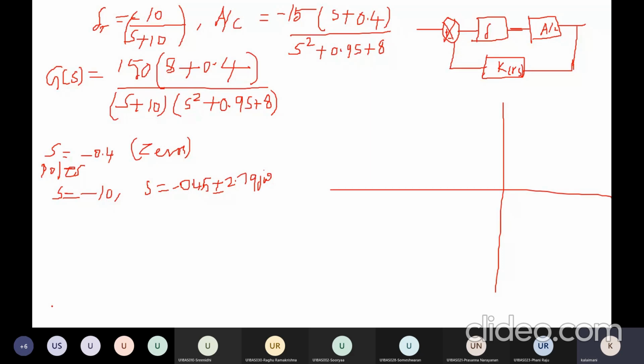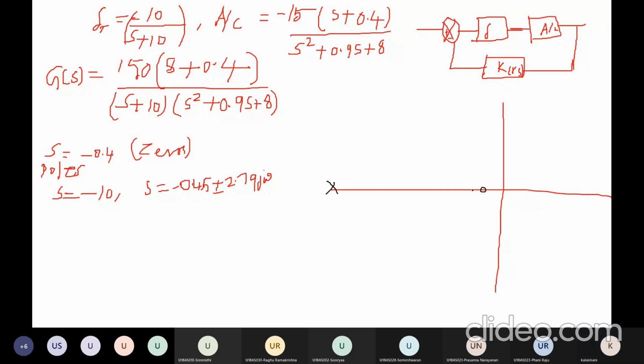That's why the poles are marked with a cross symbol. One pole is located at minus 10 in this location. Another pair of poles is located at minus 0.45. The zero is located at minus 0.4.